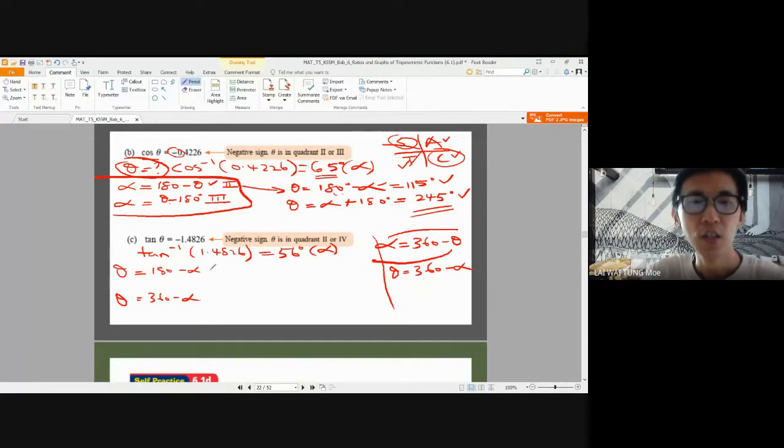You will get theta equals 180 minus 56 for the second quadrant, and for the fourth quadrant, 360 minus 56. So you will get the answer.